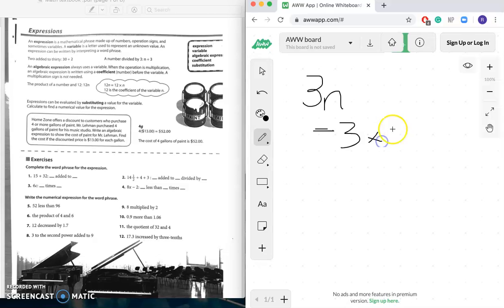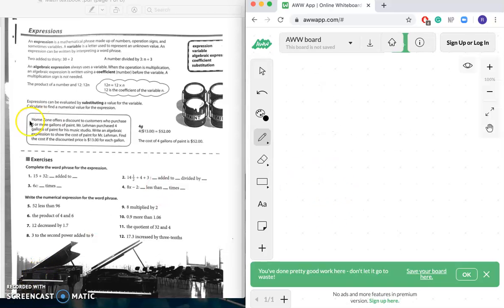So 3n actually means 3 times n. Same with 15n, 15 times n. Just got to remember that. And in this one, the 3 is the coefficient. And here, the coefficient is 15.